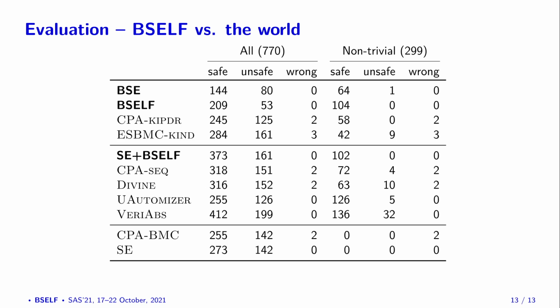There's not much time to comment on the whole table, but on the non-trivial benchmarks BSELF can solve more benchmarks than other tools that use K-induction, which are the tools in the top part of the table. We also ran a configuration that uses symbolic execution half of the time and BSELF half of the time, so that the trivial benchmarks are solved by symbolic execution, and the rest is left to BSELF. This configuration was beaten only by VeriAbs, which is a very optimized tool.